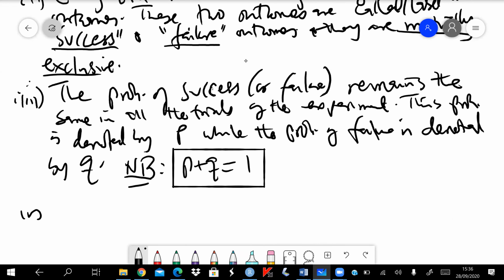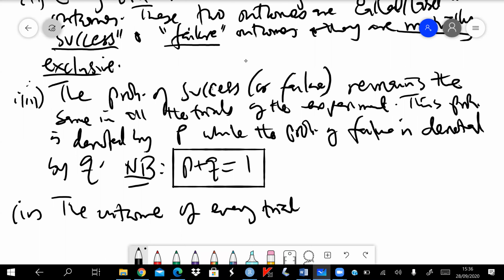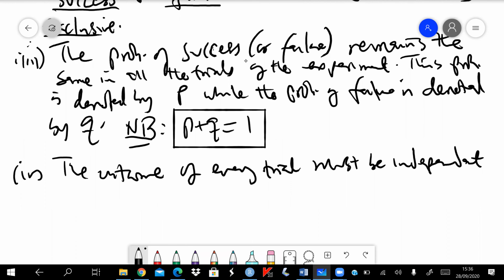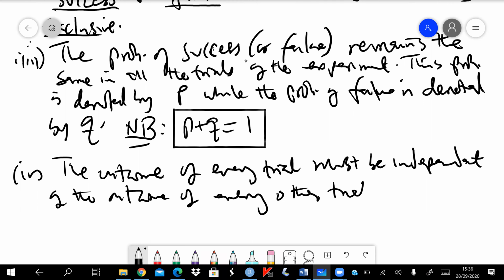Now, the fourth condition that must be satisfied for an experiment to be called binomial is that the outcome of every trial must be independent of the outcome of every other trial in the experiment.